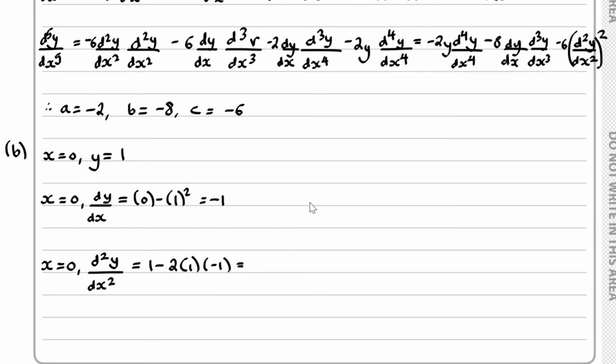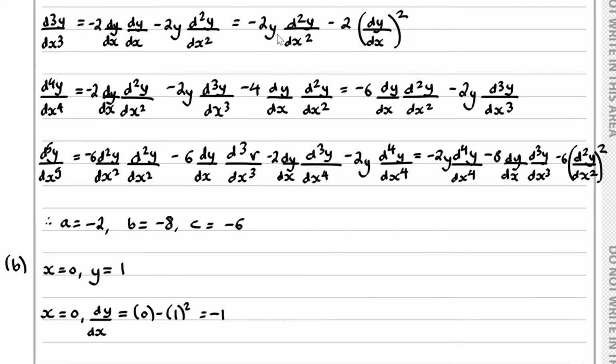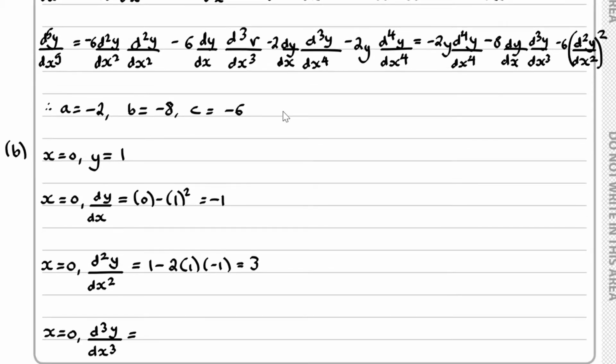Working this out, we get a value of 3. Next, when x is equal to 0, d cubed y over dx cubed, that's equal to minus 2y, so we have minus 2 lots of 1.